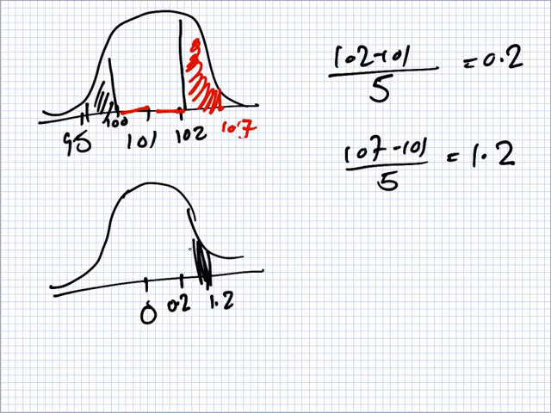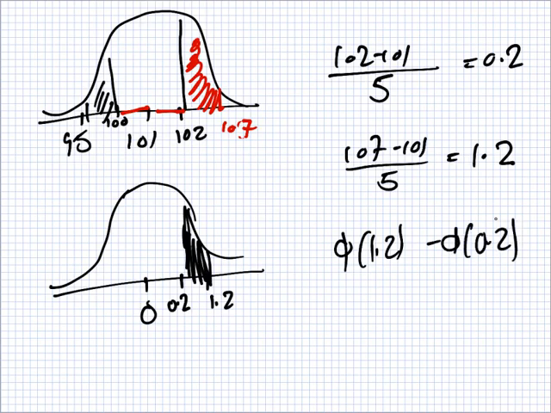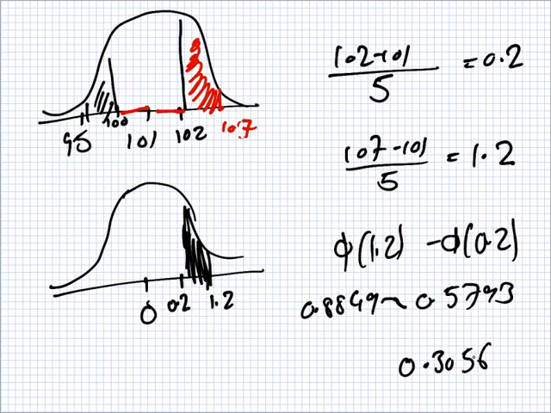So if I want this area, it will be the table book value of 1.2 minus table book value of 0.2. 1.2 is 0.8849 and 0.2 is 0.5793. So the answer is 0.3056. Did you get this?